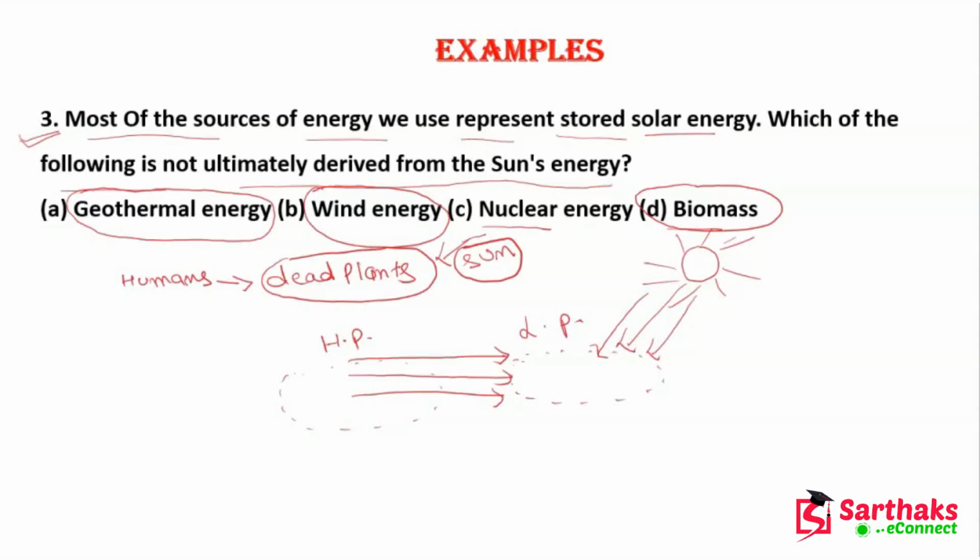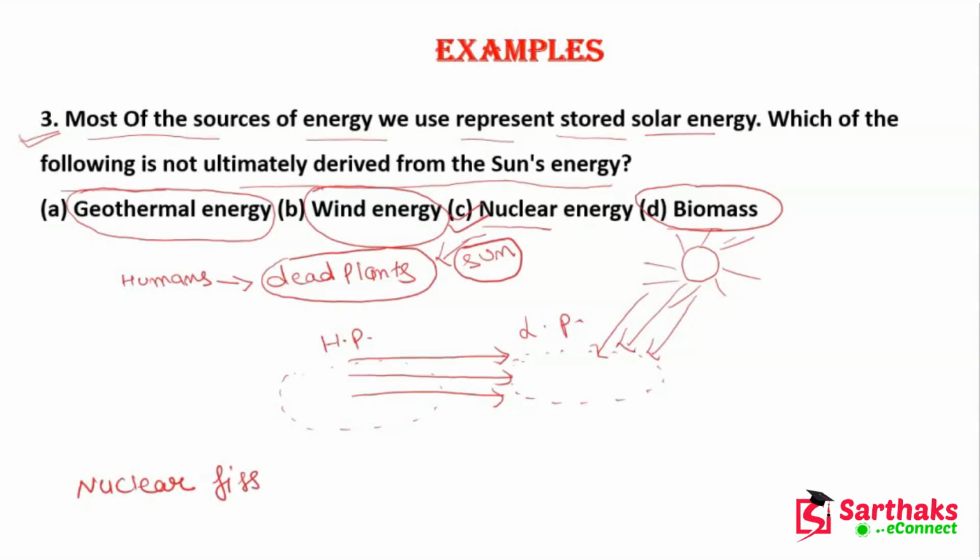Now let us talk about option C. Option C will be the right answer to this question, because in nuclear energy we had seen that there are two types of reaction: nuclear fission and nuclear fusion.